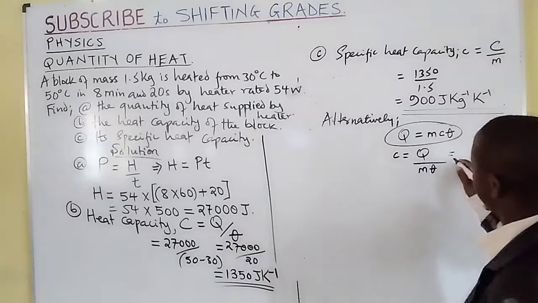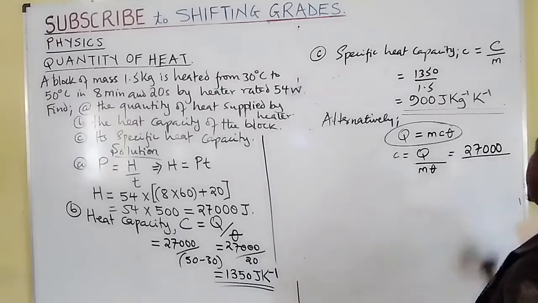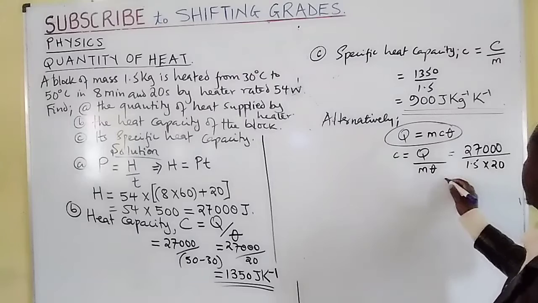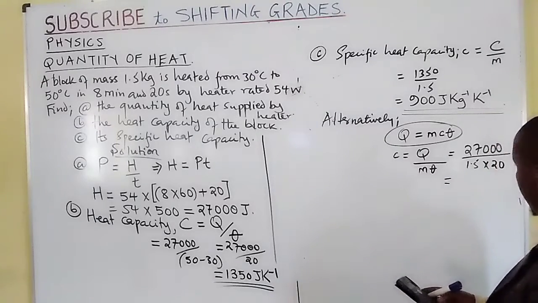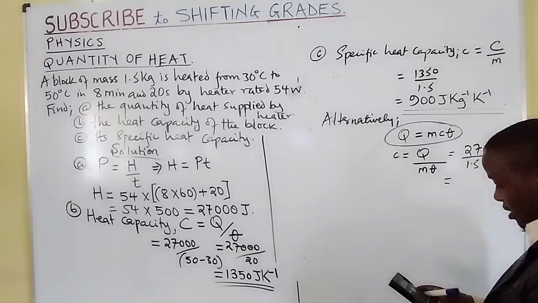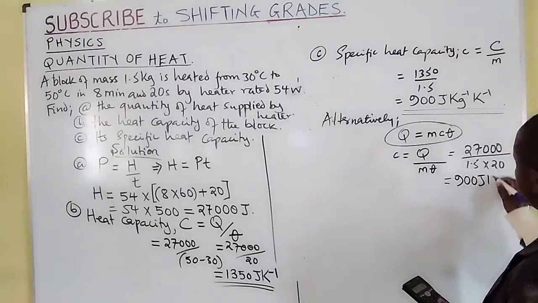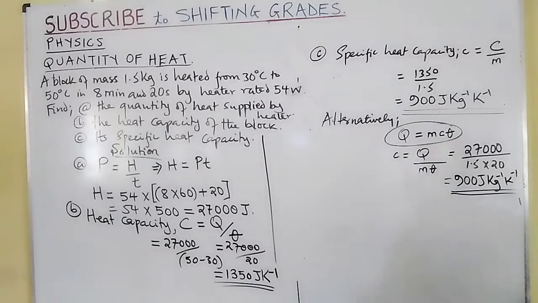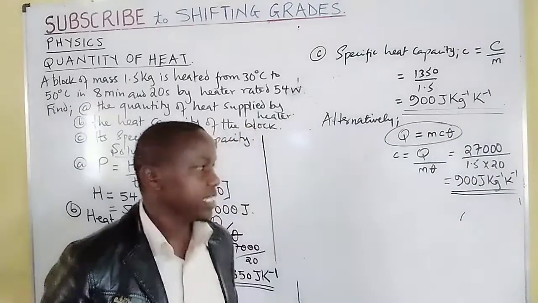This will be the energy supplied, 27,000, divided by 1.5 times 20. This will give us 900 exactly, joules per kilogram per Kelvin. So that's how we calculate it.